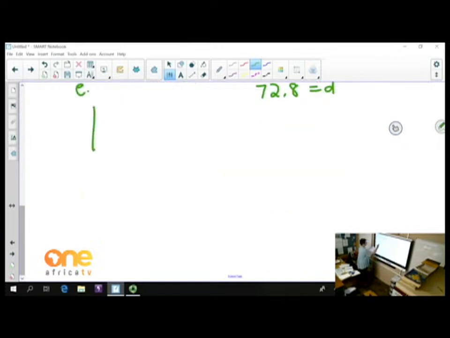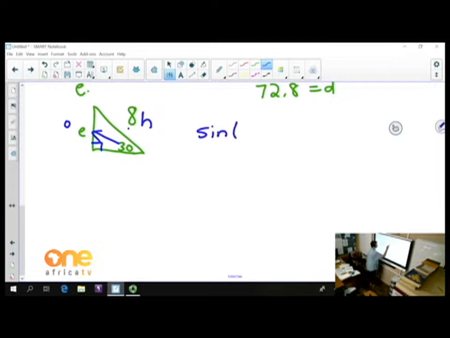Number E. It looks like this. There's your right angle triangle, 30 degrees, 8, E. Let your eyes go to the angle. What is this? My opposite. What is this? My hypotenuse. There's the 90 degrees. So which function will I do now? Sine. Sine theta is opposite over hypotenuse.